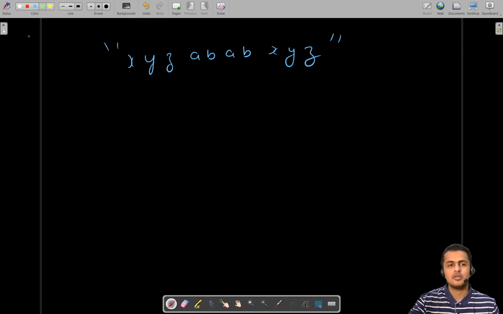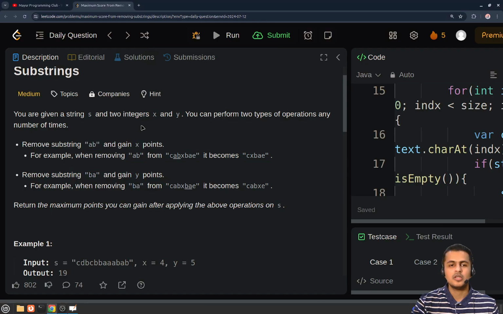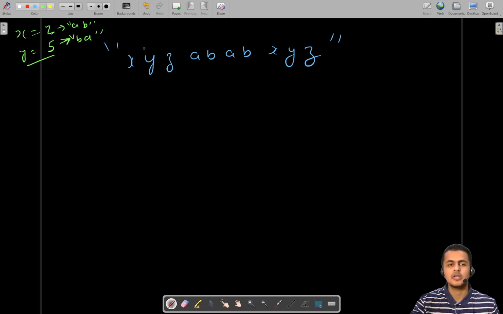Let's say x is 2 and y is 5. So removal of "ba" gives you 5, and removal of "ab" gives you 2. Let me check: x was for "ab" and y for "ba". Okay, we are correct here.